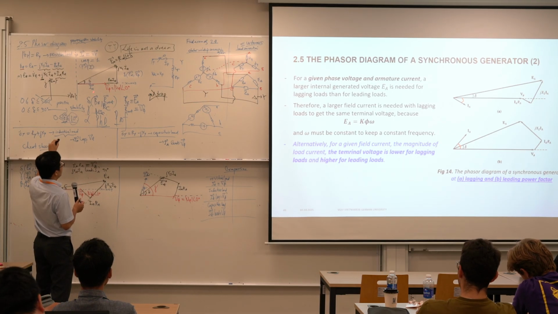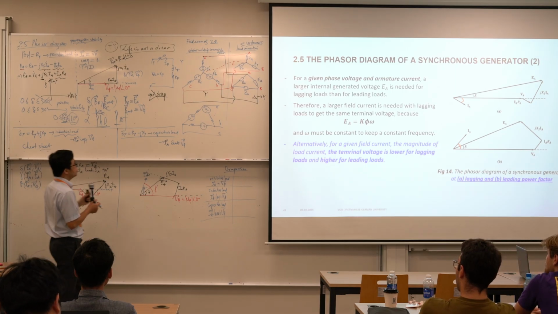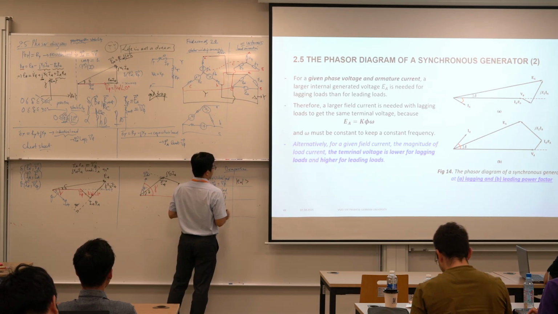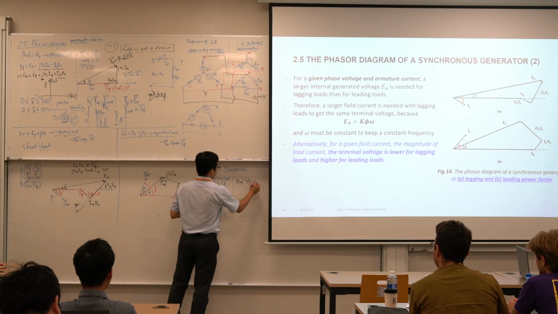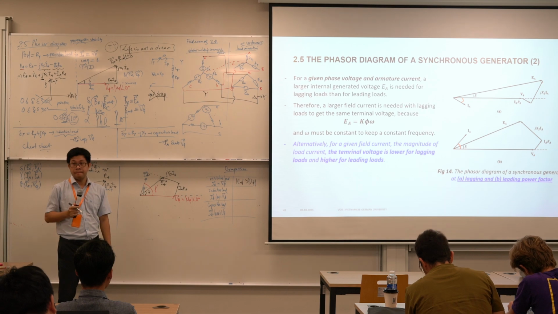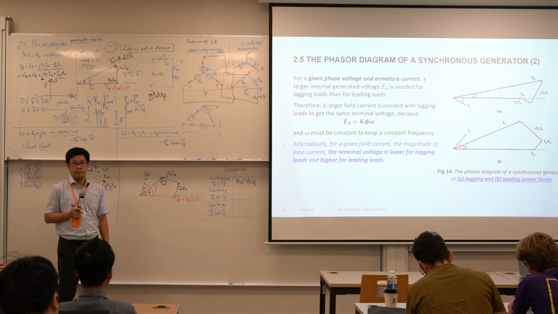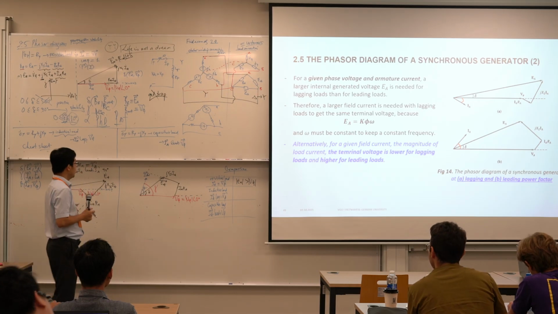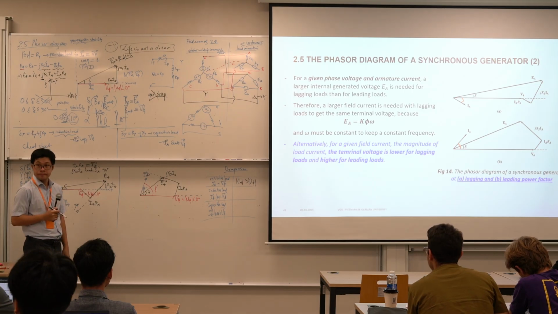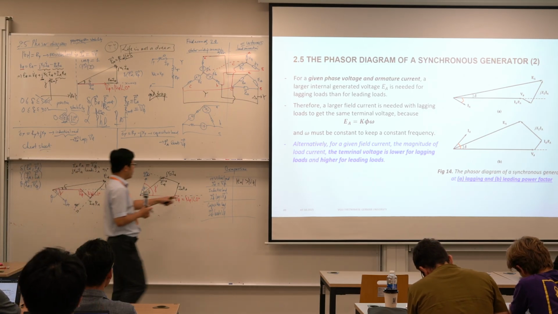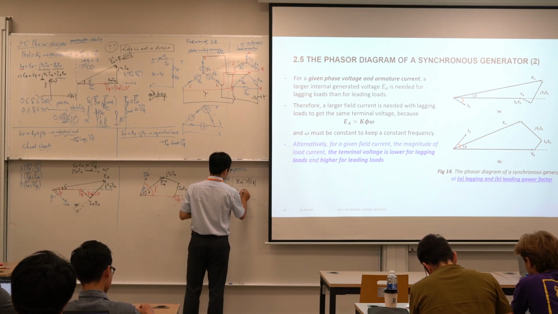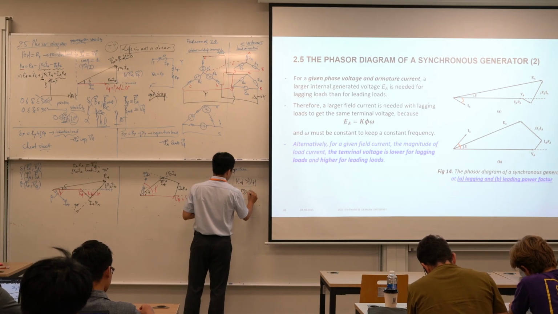So observation. For unity load or resistive load, the magnitude of EA is higher than V phase. Do you agree with me? Yes. Okay, so for inductive load, EA is much higher than V phase.